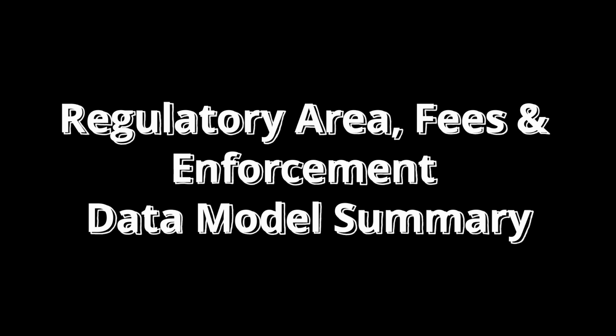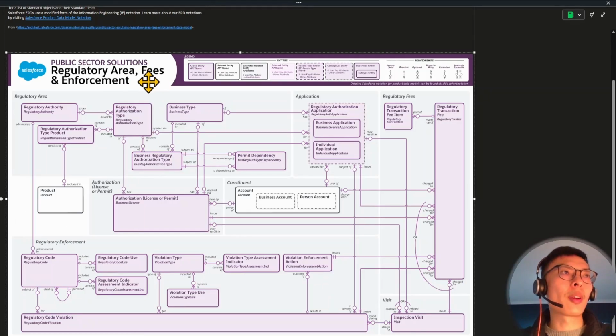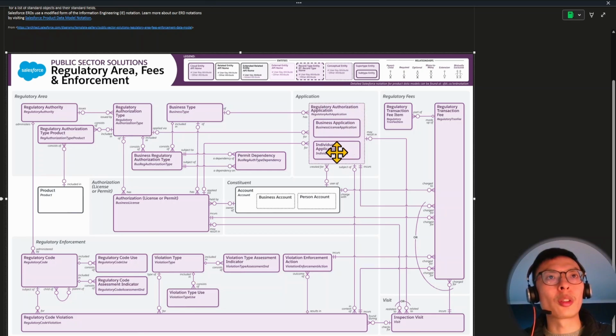Now let's review the data model for regulatory area, fees, and enforcement. So this data model is divided into a few main sections. You have the applications, which is your business license applications or individual applications, and these will be either from your business account or personal account.